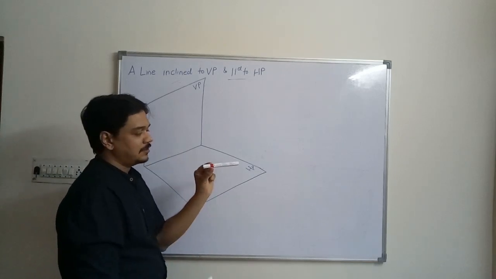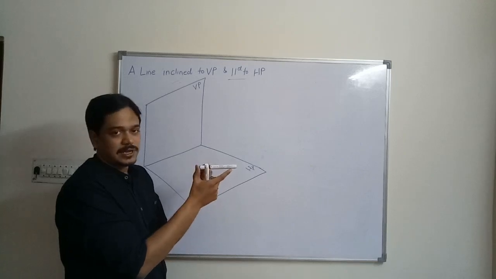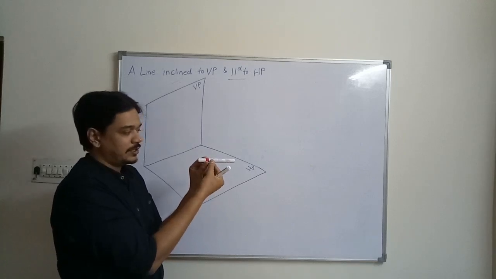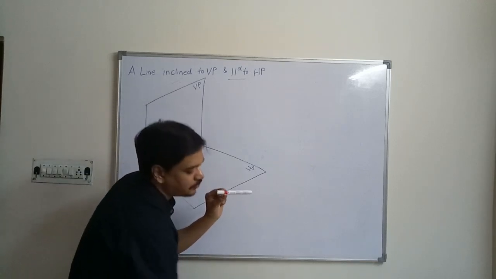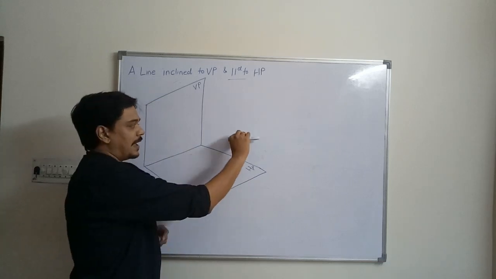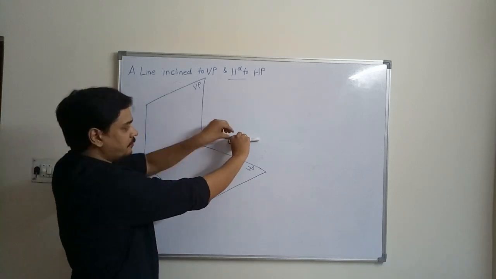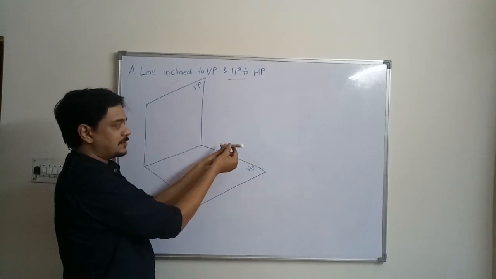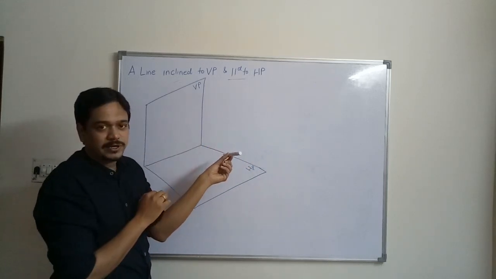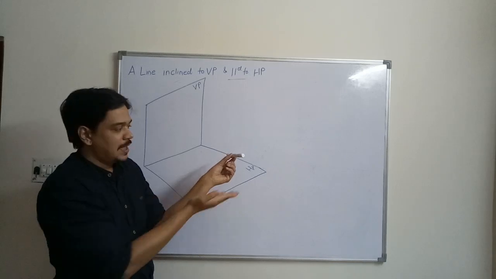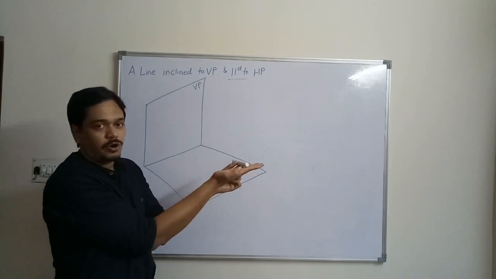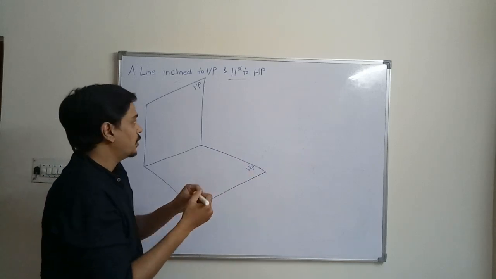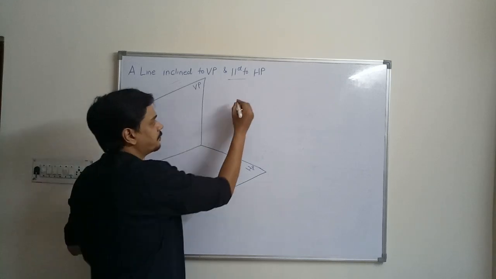Suppose we name this line AB. This line AB is inclined to the vertical plane, meaning it is making some angle with the vertical plane, that is the wall surface, and it is kept parallel to the horizontal plane.